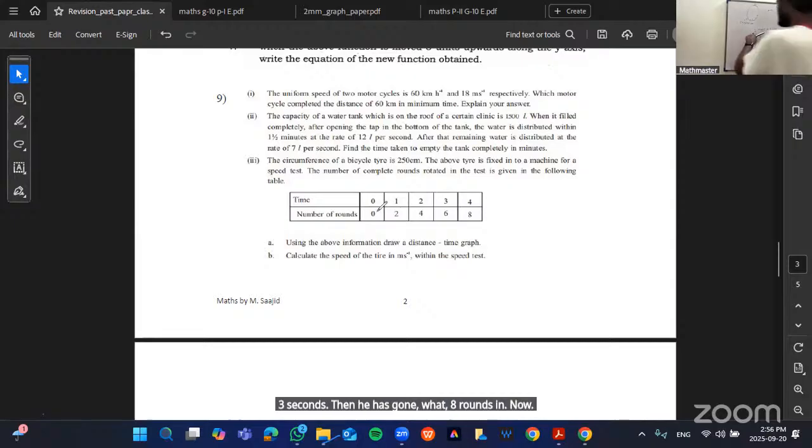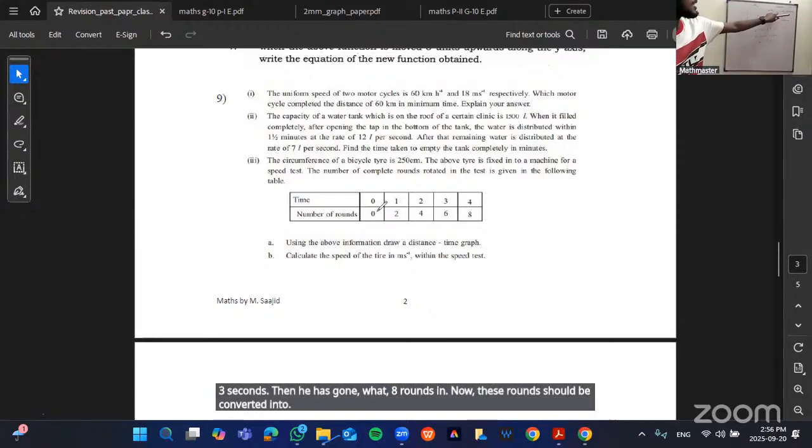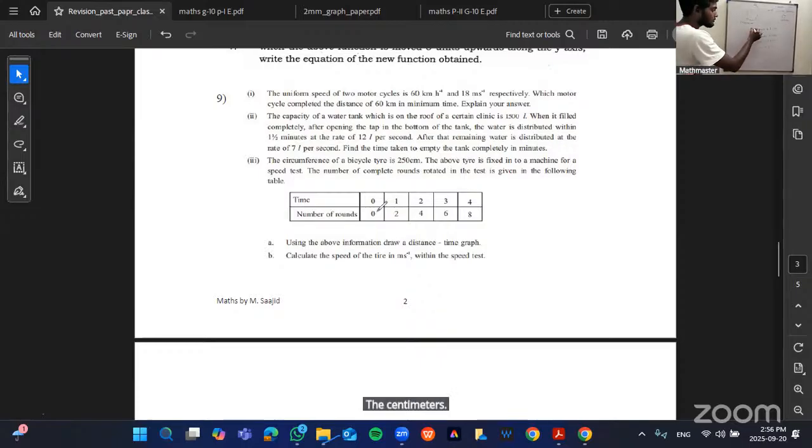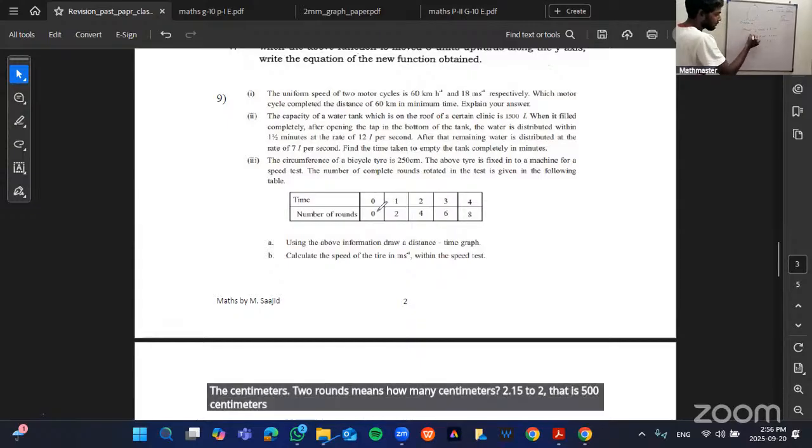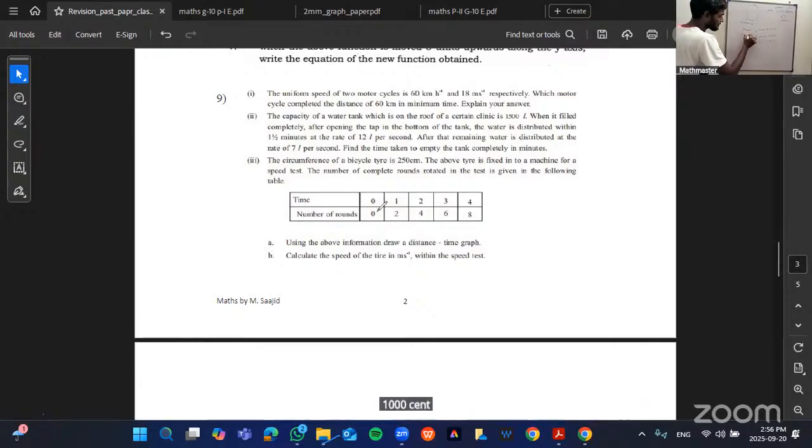Now these rounds should be converted into centimeters. 2 rounds means how many centimeters? 250 into 2, that is 500 centimeters. 4 rounds means 4 into 250, that is 1000 centimeters. 6 rounds means 6 into 250, that is 1500 centimeters. 8 rounds means 2000 centimeters.